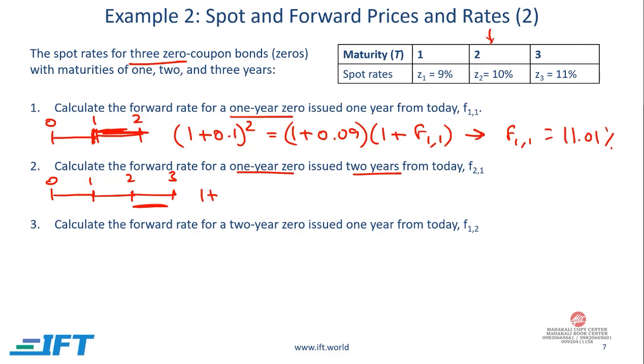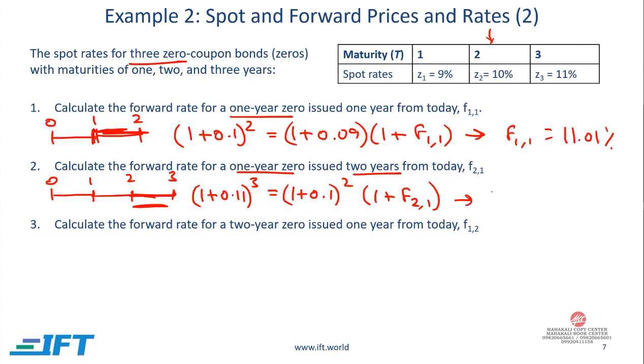So 1 plus Z3 is 1.11. This cubed is equal to, we have the 2-year period, so that would be (1 plus Z2) squared, (1 plus 0.1) squared. And then this is multiplied by (1 plus F(2,1)). F(2,1) because this begins at the end of 2 years and goes on for 1 year.